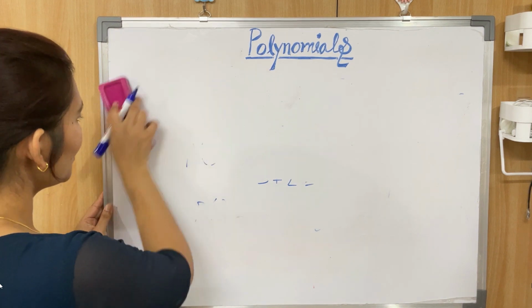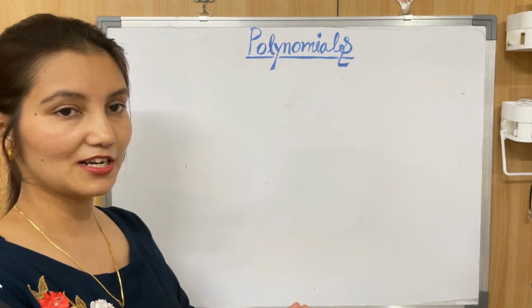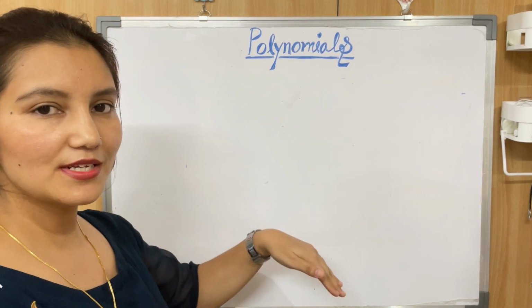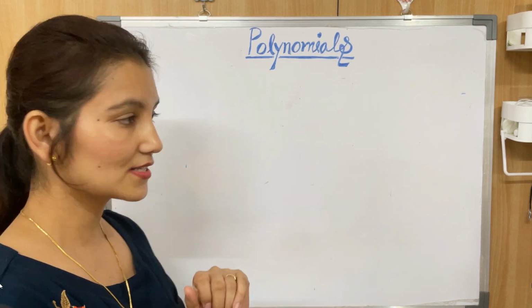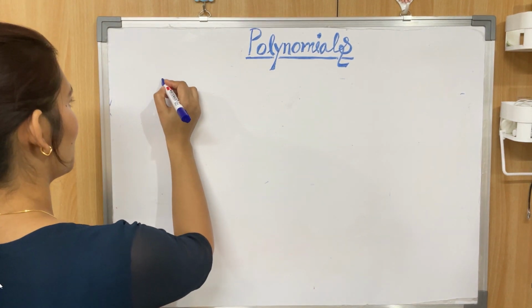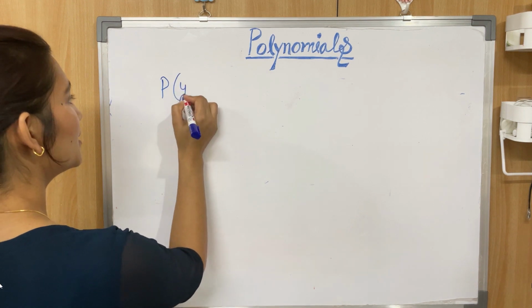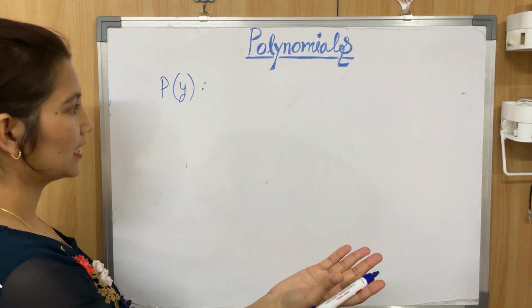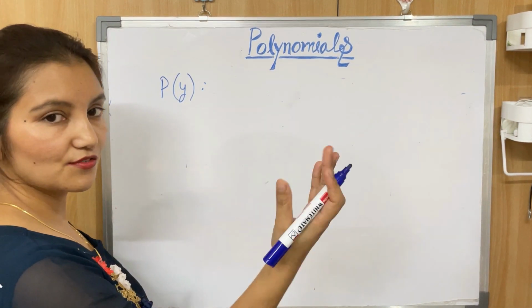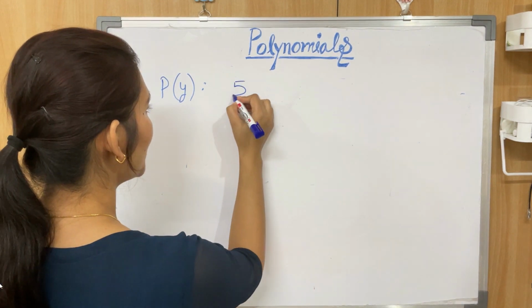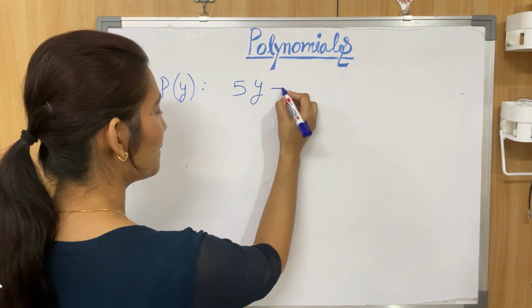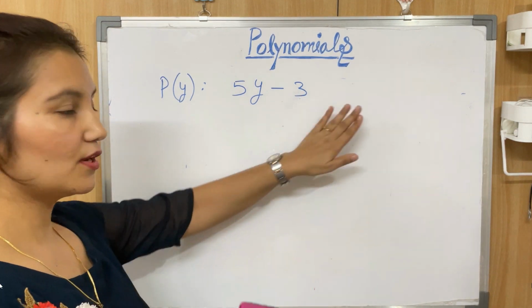More and more examples make the concept clear, right? So we are just taking one more example and then we will move further to the next concept. Let's take one polynomial p(y). It means the polynomial is in terms of y: 5y − 3. Now this is the polynomial.